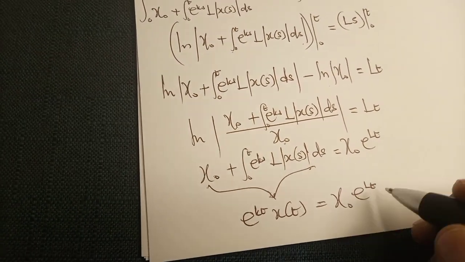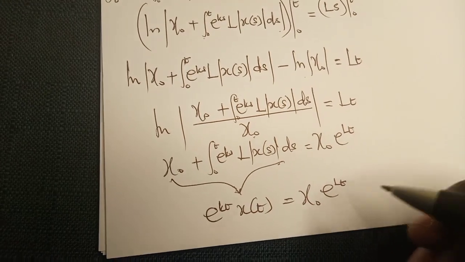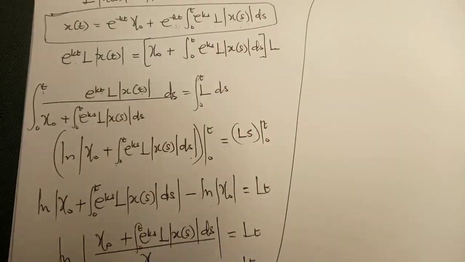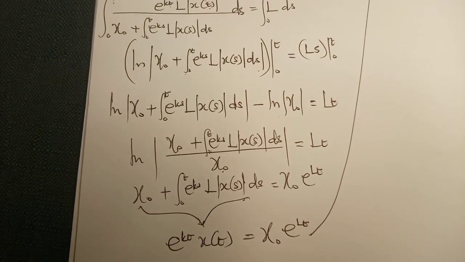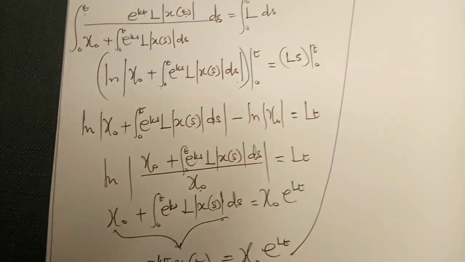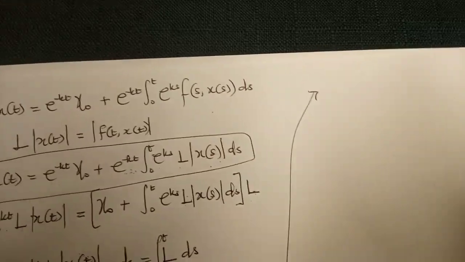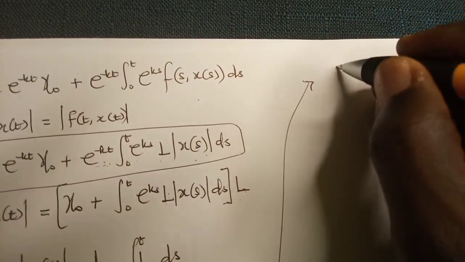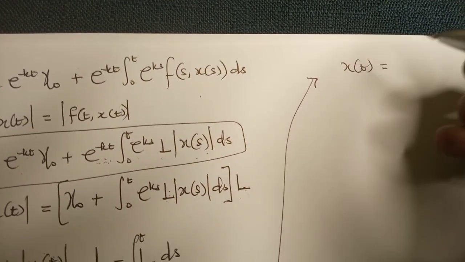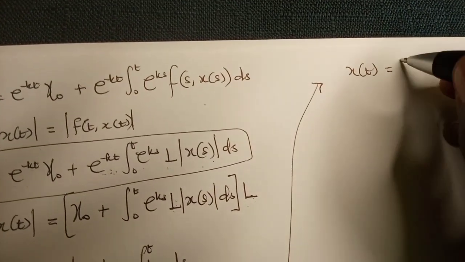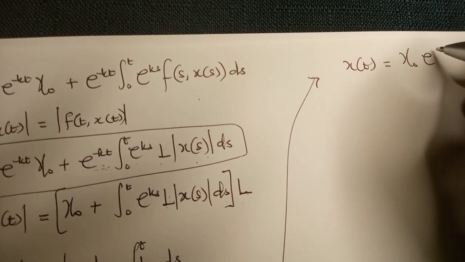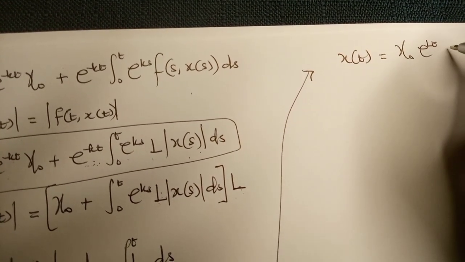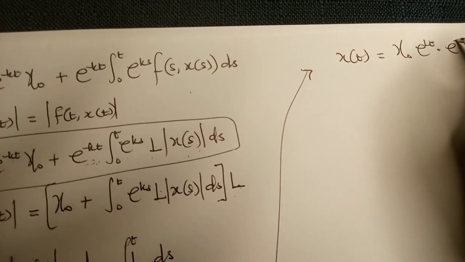Okay, we can move on now. We make x of t the subject, so we have x of t equals x naught e exponent lt times e exponent negative kt.